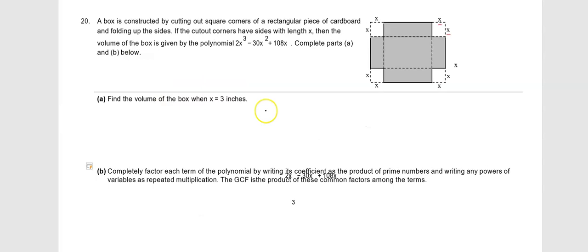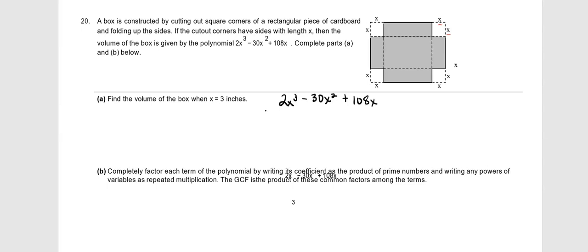So a box is constructed by cutting out the square corners of a rectangular piece of cardboard and then folding up the sides. If the cutout corners have sides the length of x, then the volume of the box is given by the polynomial 2x to the third minus 30x squared plus 108x.